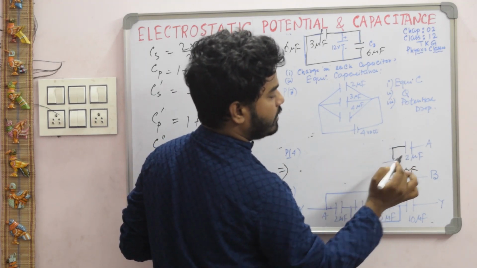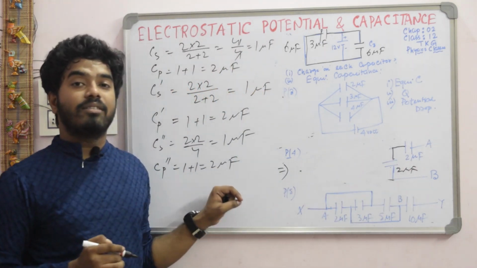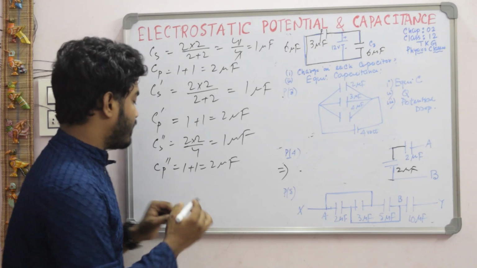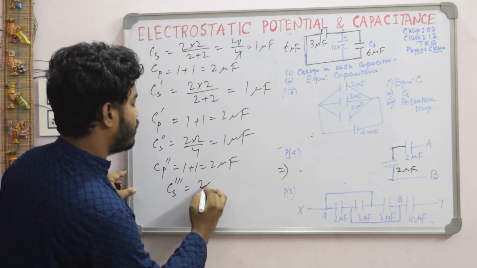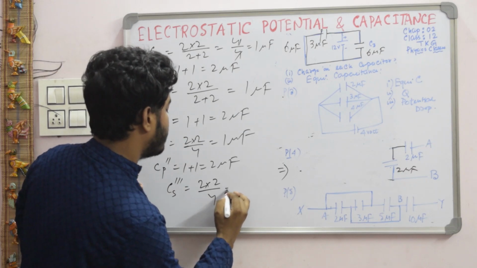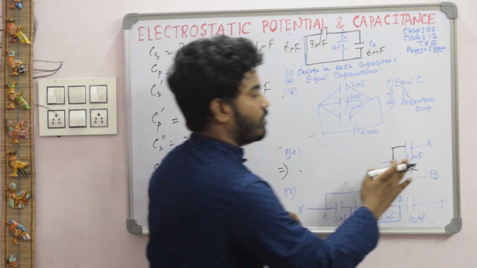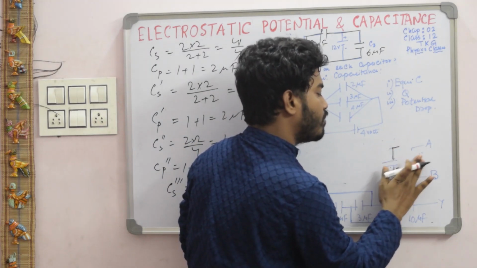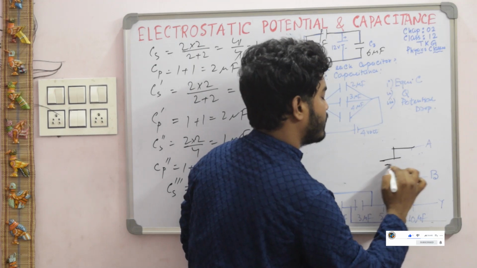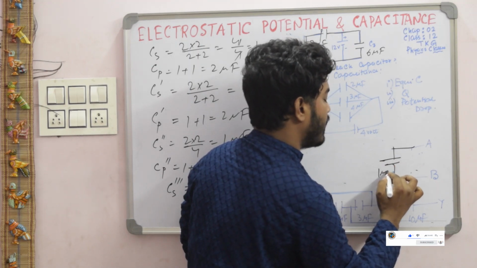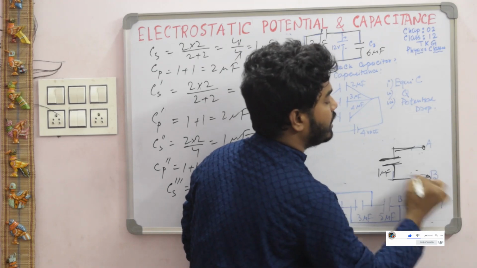One end is connected, so both are in series combination. So finally the equivalent capacitance becomes 2 into 2 divided by 4, that is 1 microfarad. So this 2 microfarad and this 2 microfarad become a single capacitor of capacitance 1 microfarad, and this is the equivalent capacitance between the terminals A and B.